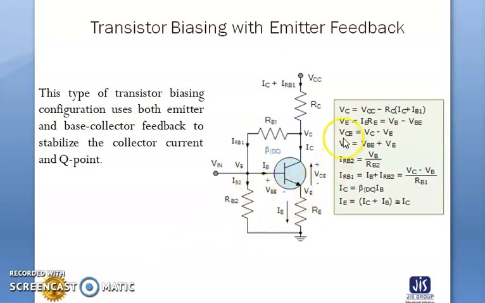Generally, resistor values are set so that the voltage dropped across the RE is approximately 10% of the power supply VCC, and the current flowing through RB1 is 10% of the collector current IC. Thus, this type of transistor biasing configuration works best at relatively low power supply voltages.